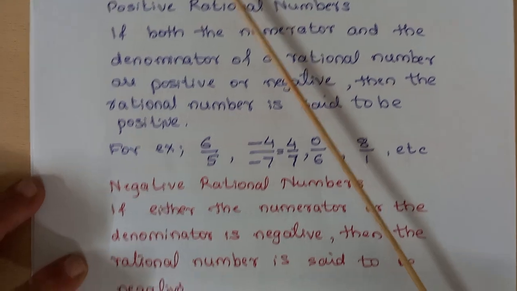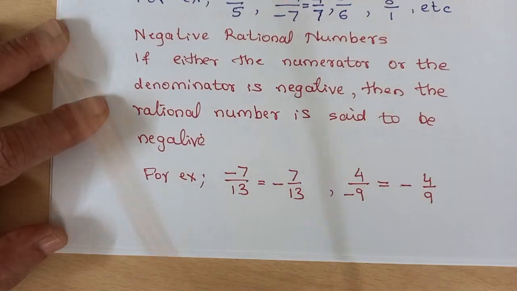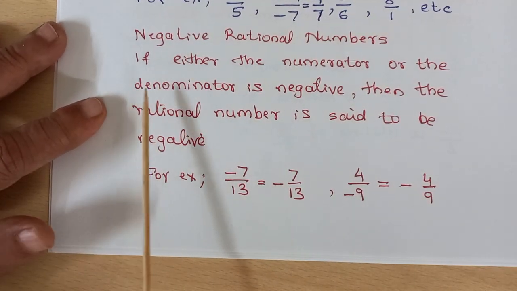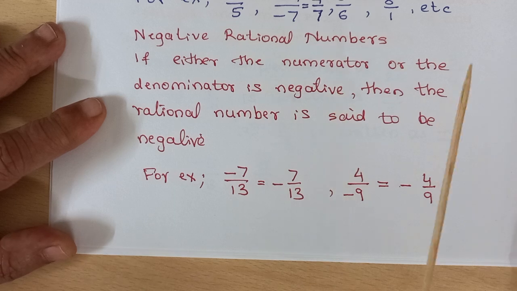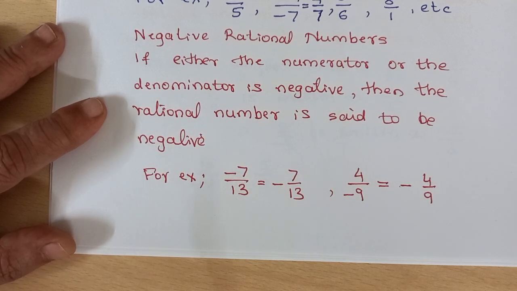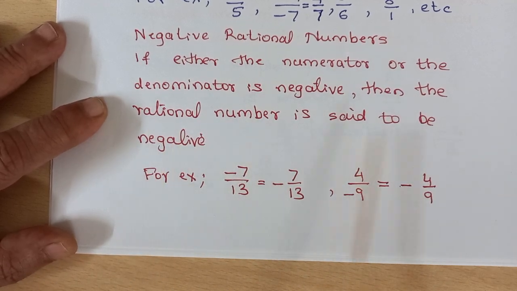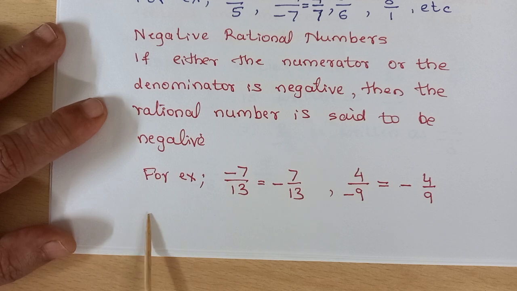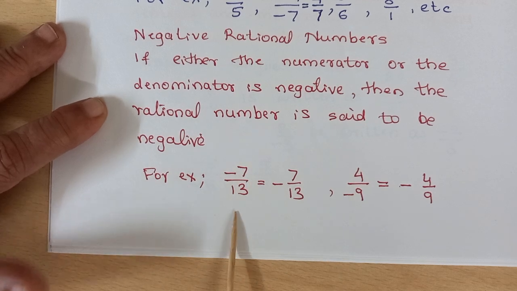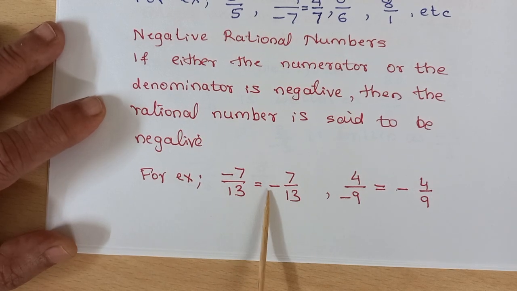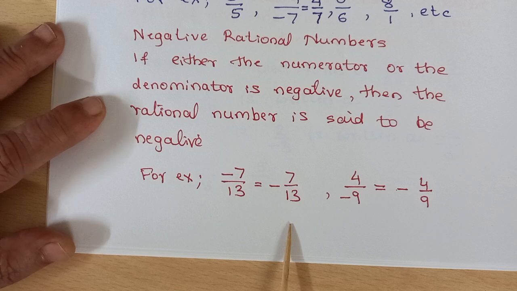And what about negative rational numbers? If either the numerator or the denominator is negative, then the rational number is said to be negative. For example, minus 7 divided by 13 is minus of 7 by 13.